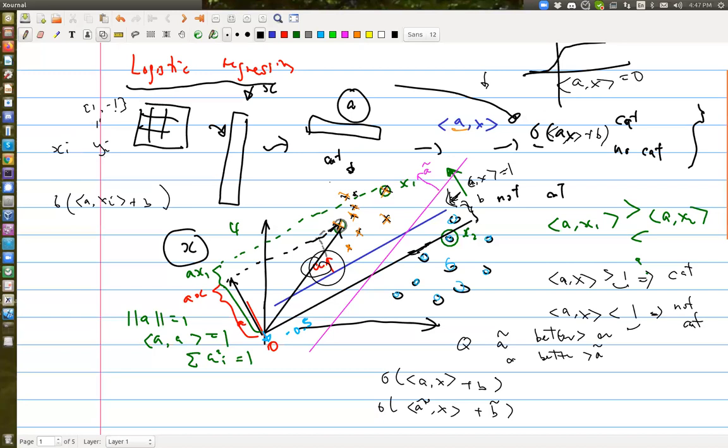If yi is -1, then the xi input is not a cat. Actually, that is for SVM, but this is still fine.